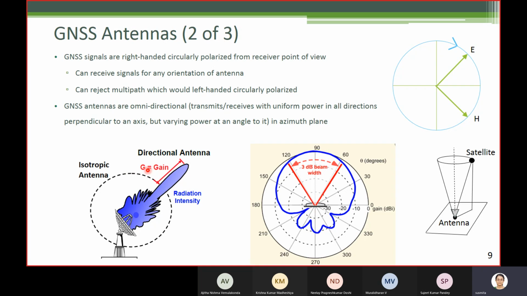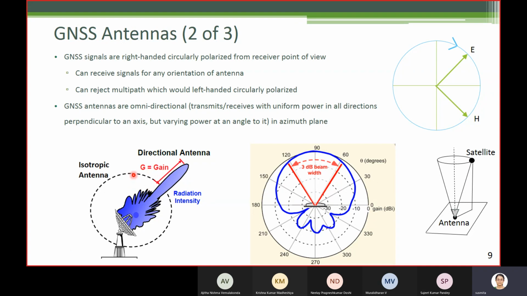Now to this you have to multiply this gain for the directional antenna. By shaping this gain properly, you can ensure that the antenna transmits signals only in a particular direction. So in this particular illustration, it transmits signals, electromagnetic waves or radiation only in this direction. Because in all other directions, this gain G is 0.